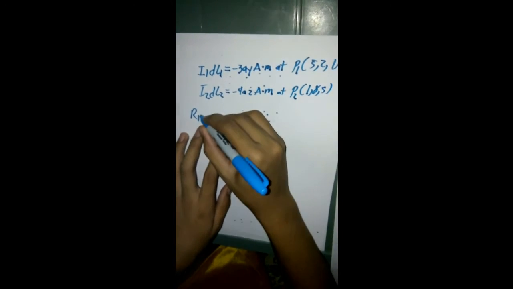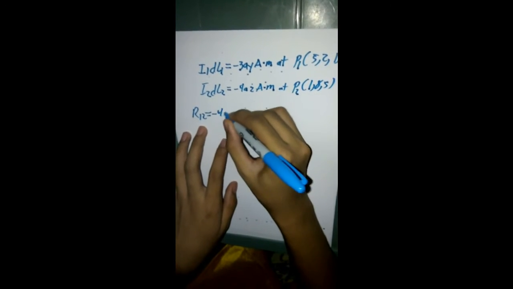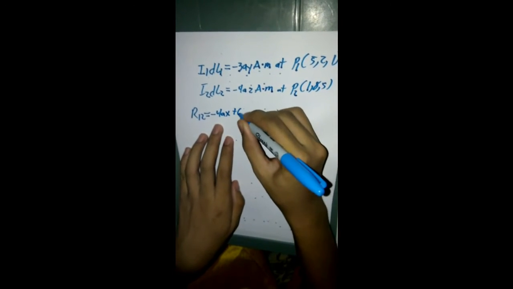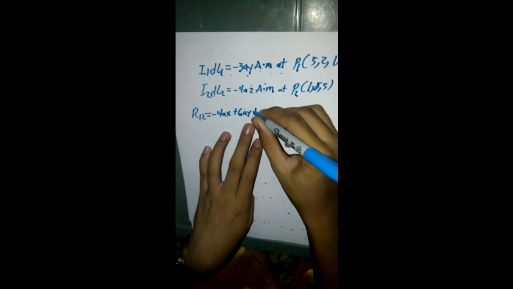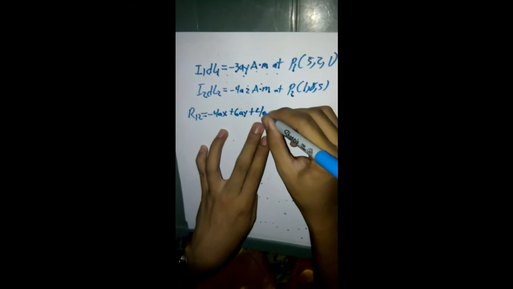Thus R12 equals negative 4ax plus 6ay plus 4az.